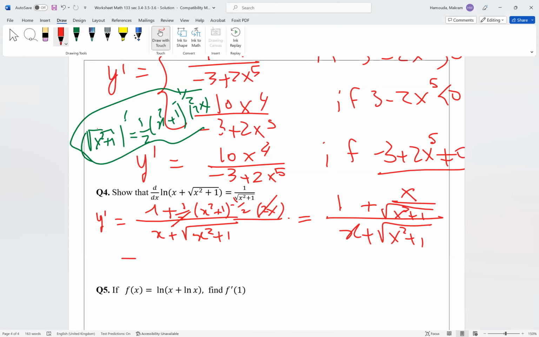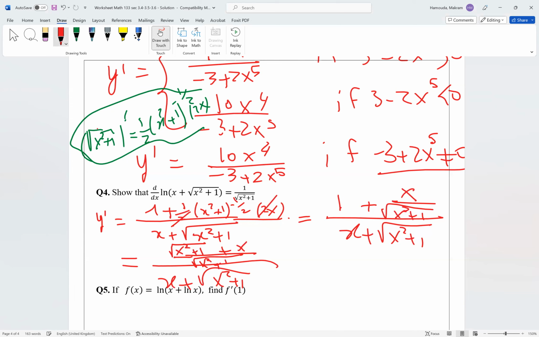Now we put the same denominator, so it's x plus root x squared plus 1, and there is denominator here root x squared plus 1, and here root x squared plus 1 plus x.